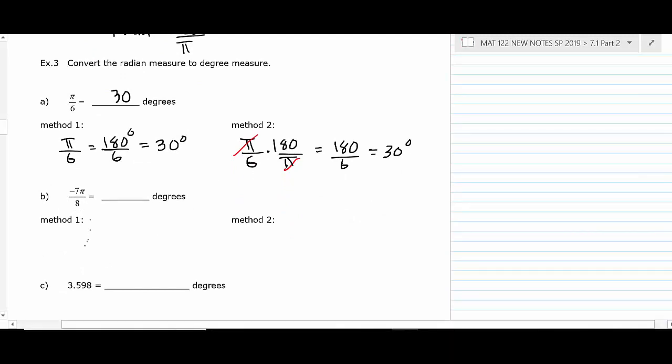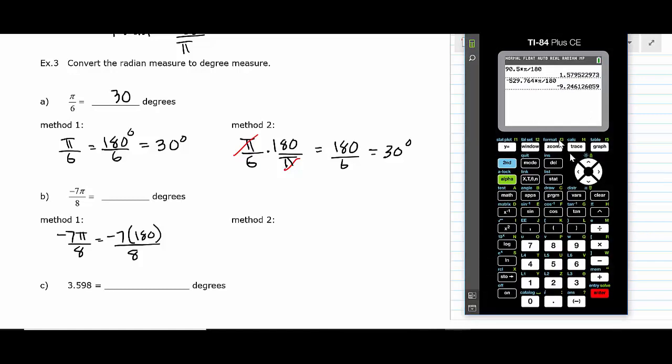This one, we're going to do negative 7 pi over 8. Change the pi to 180, and then you're getting into some pretty big numbers on this one, so I'd suggest you just use your calculator. So I'm going to go negative 7 times 180, and then divide that by 8.